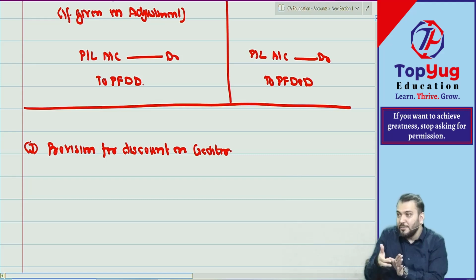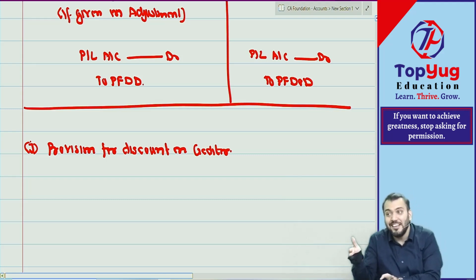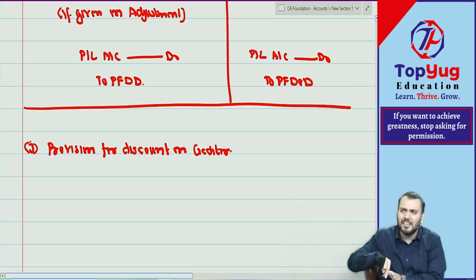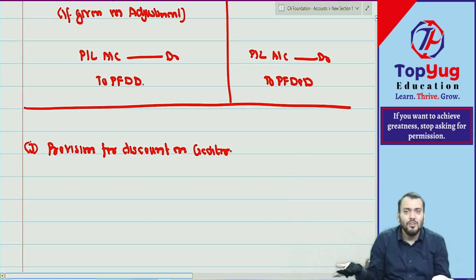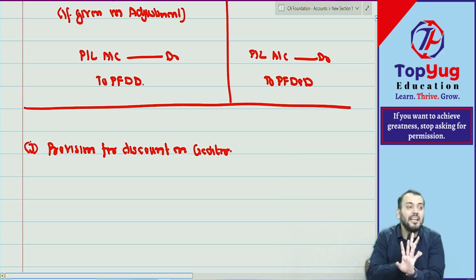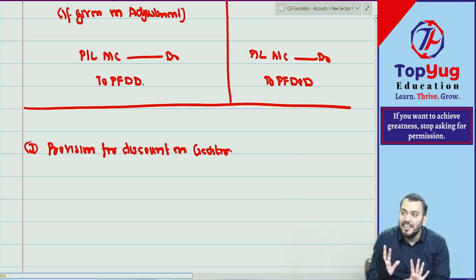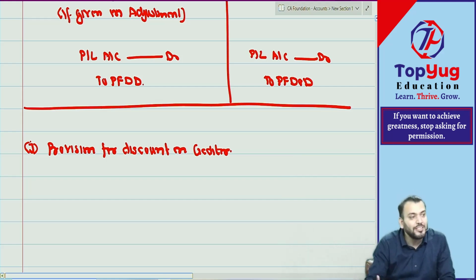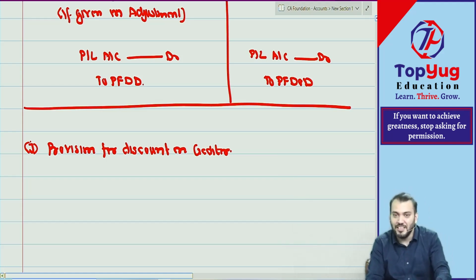It means we receive discount, it becomes expected income in future. So should we create any provision for that? No. Conservatism principle says only expected losses, and any expected income should not be anticipated. So as per conservatism principle, we will not create any provision for discount on creditor. Understood?